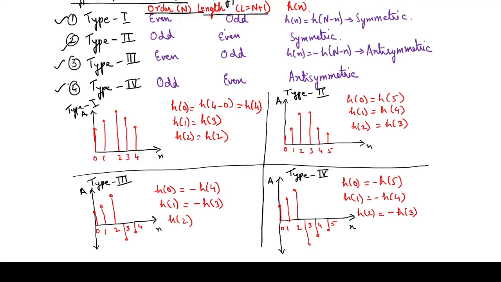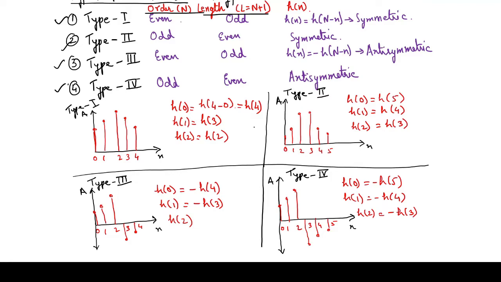While you are doing the numerical, you have to be careful whether it has been given that you find out the filter which has an order of 4 or a length of 4. This is where we can trick you. So you have to find out whether the order of the filter or the length of the filter has been given.